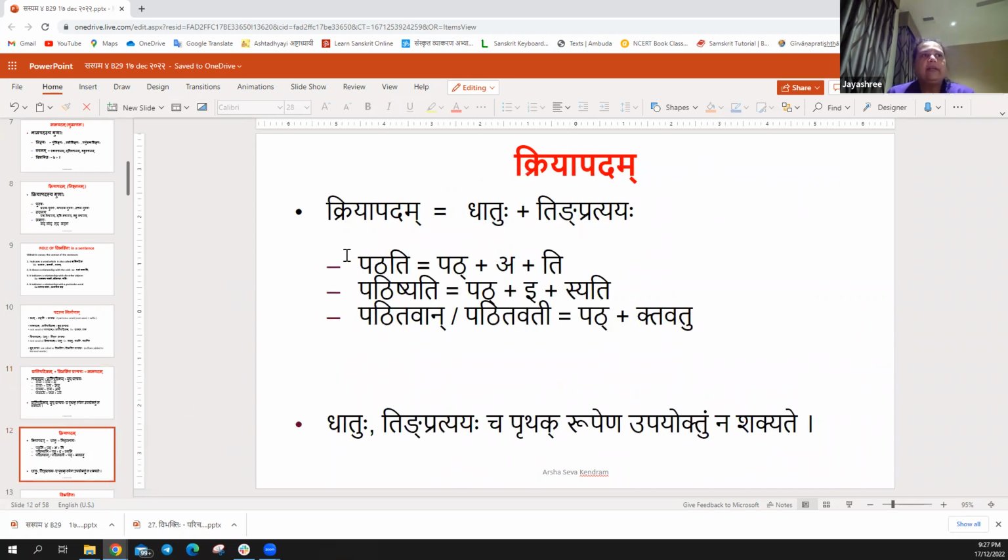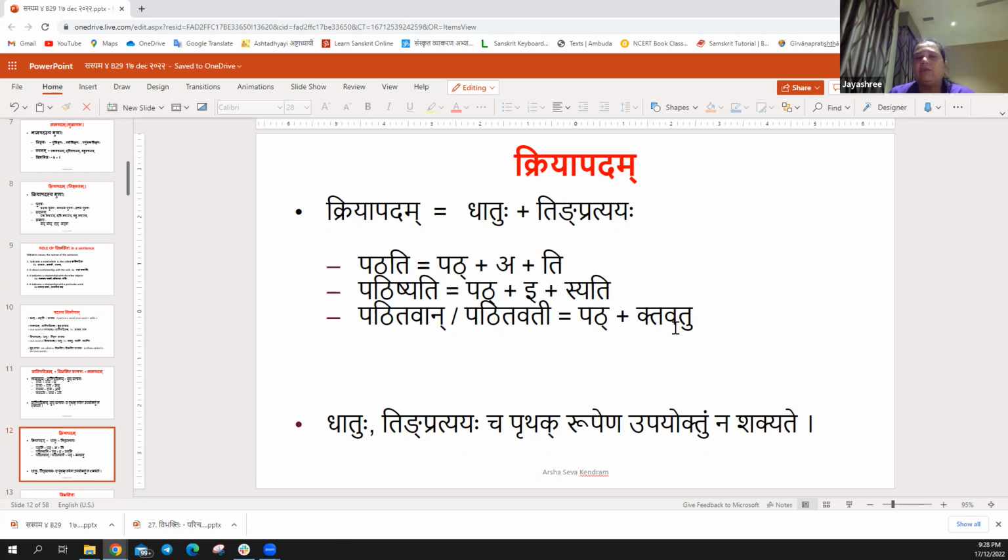Now, Kriyapadam is dhatu plus ting pratyaya. We had gone over all these before. I'm just saying it from the vibhakti point of view. So patati, pat plus a plus ti, patati. Patishyati, pat plus e plus syati, patishyati. All right. So those are some formulas here.